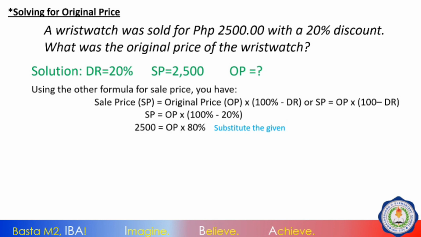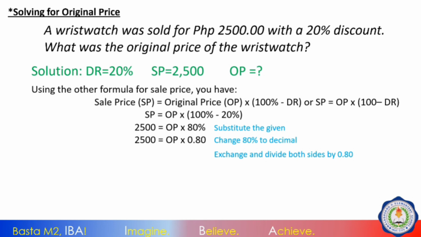Substitute the given 2,500 for the sale price and 80% for the answer of 100 minus 20. Change 80% to decimal, which is 0.8.